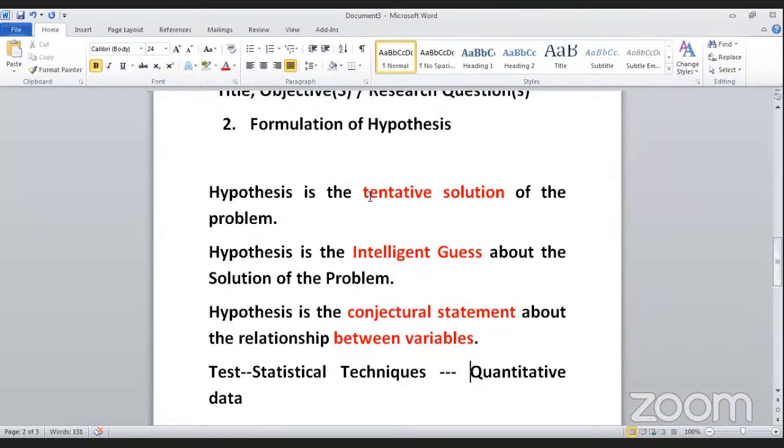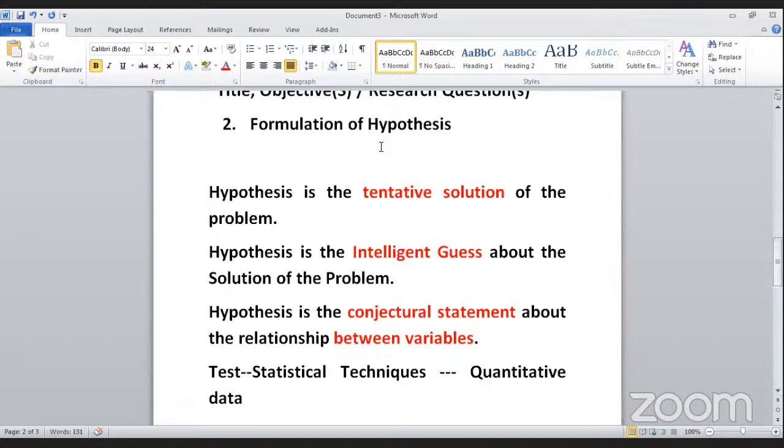I repeat this. As a researcher, if you have quantitative data that can be analyzed with the help of statistical techniques, and then you can test the hypothesis, then you must formulate a hypothesis. So whenever you are doing a research where you have the quantitative information, the quantitative data, then and only then you should formulate a hypothesis.